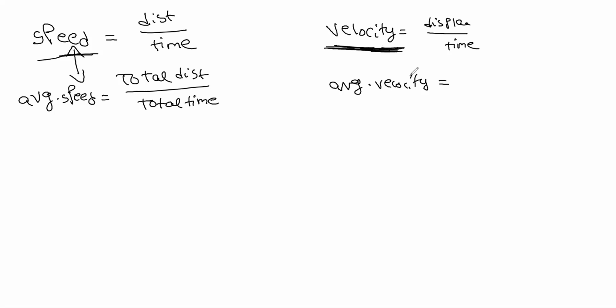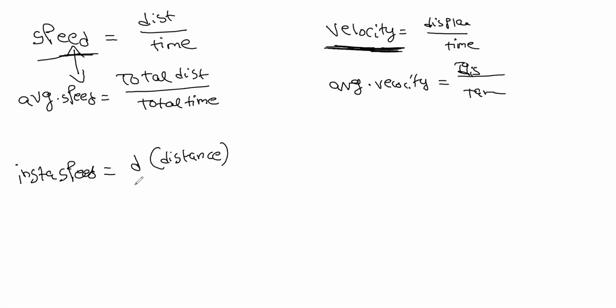It is just total displacement by total time. In previous formula also you're using the same thing. Both are same. Now instantaneous speed. Instantaneous speed means you have to do differentiation of distance by differentiation of time. That is dt, obviously.